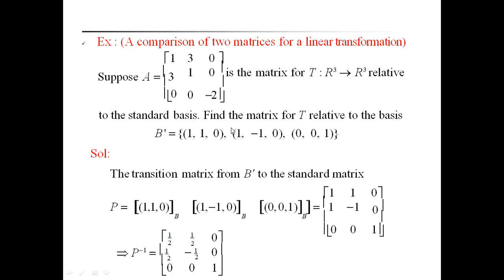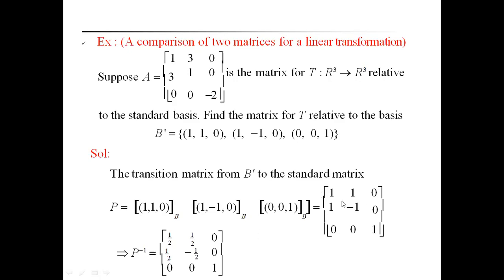Now find the matrix of T relative to the basis B dash. Write the transition matrix from B dash to the standard basis B, that is the P matrix. Therefore we get this 3 by 3 matrix.